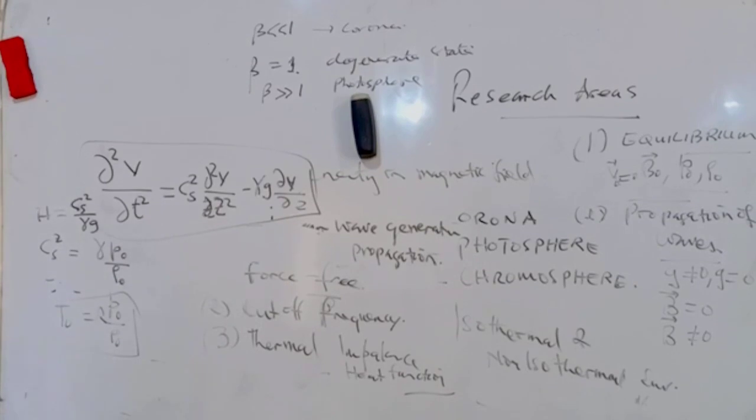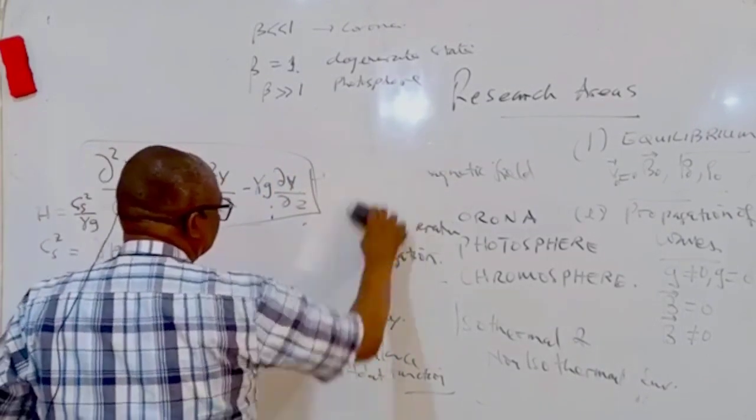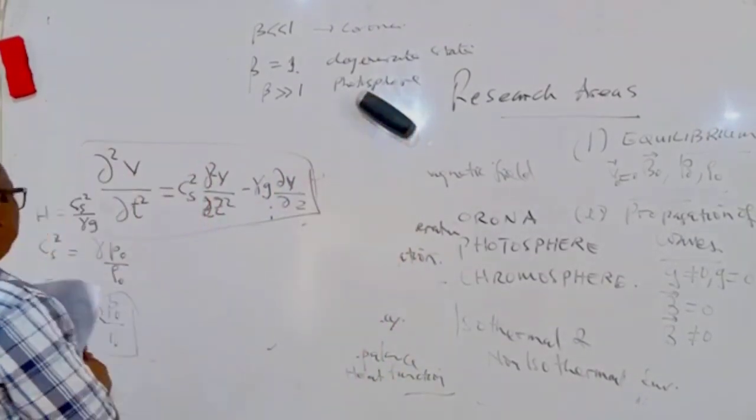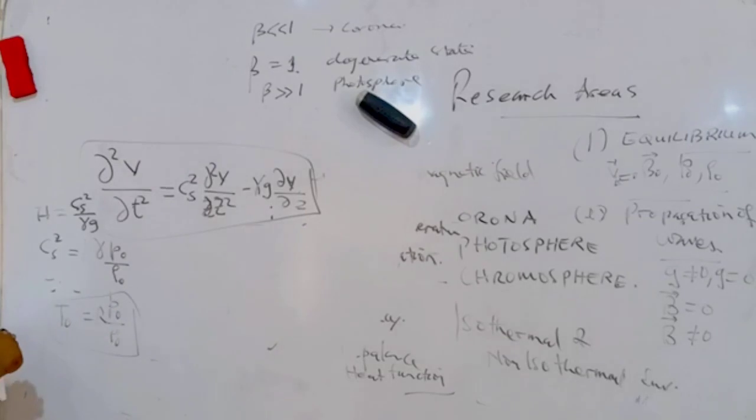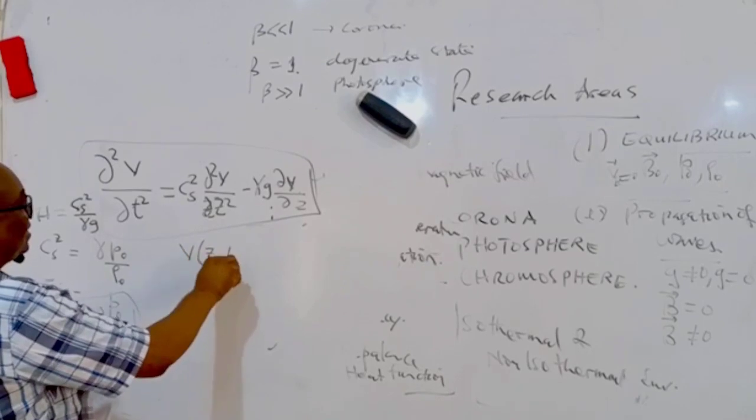So I want you to look at this equation with all these parameters we are given. We need a solution for v, z, and t.